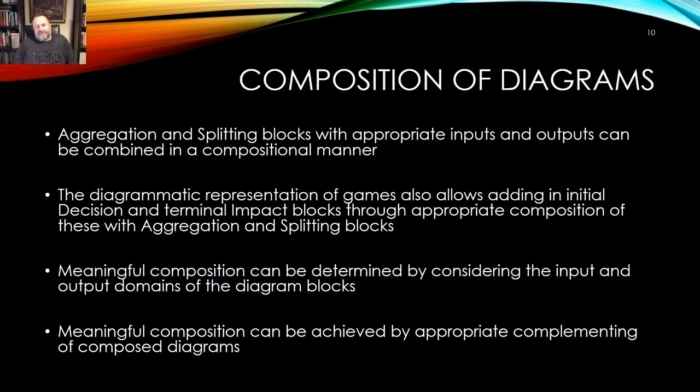Well, we can compose these diagrams. So in particular, aggregation and splitting blocks with the appropriate inputs and outputs can be combined in novel ways. So this diagrammatic representation of games allows a quite intuitive combination of the splitting blocks and aggregation blocks to create new games.